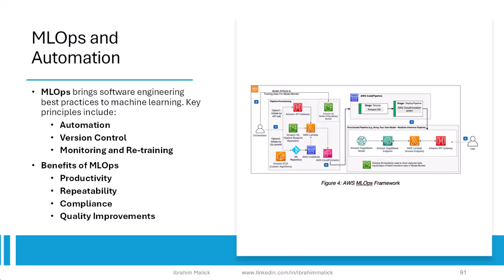And compliance enhances auditability by versioning input, so you can go back and show your auditors every one of the versions of the outputs and models. And it of course improves quality by enforcing policies for data and model quality.